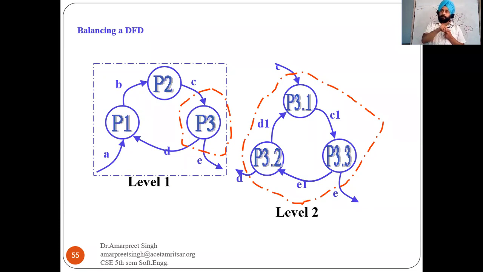In the previous level P3 had two outputs, D and E. Coming into level 2, D comes from P3.2 and E comes out from P3.3. So this is known as the balancing of DFDs: for any bubble, the number of inputs and outputs should be balanced in the next level also.